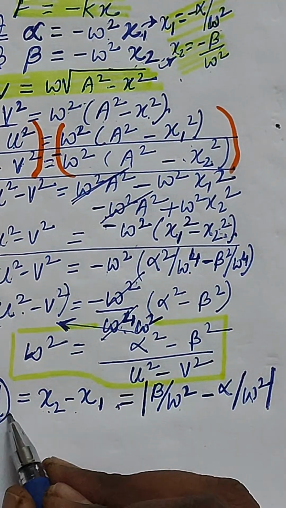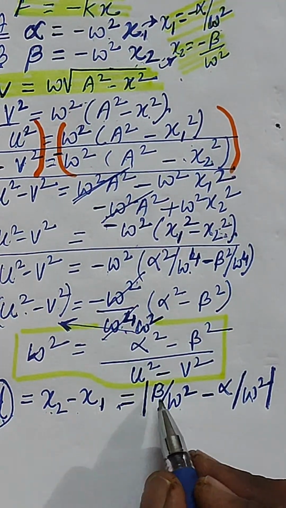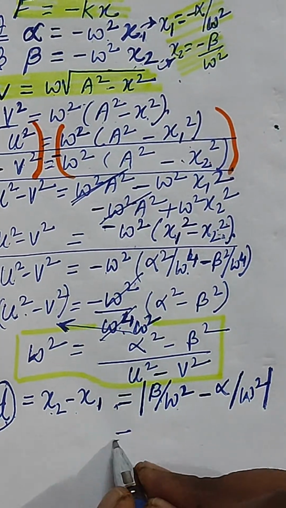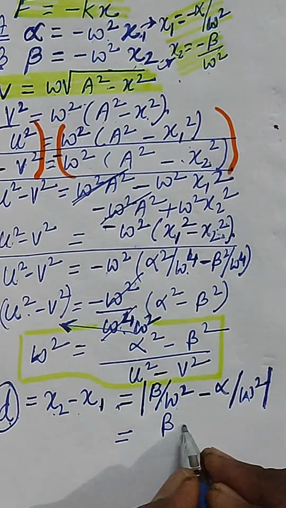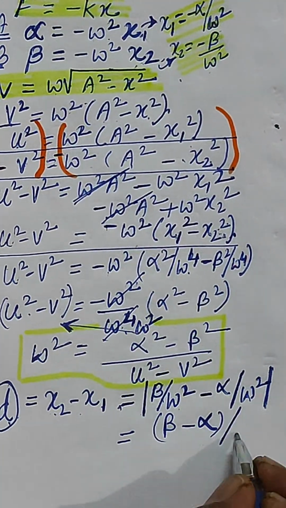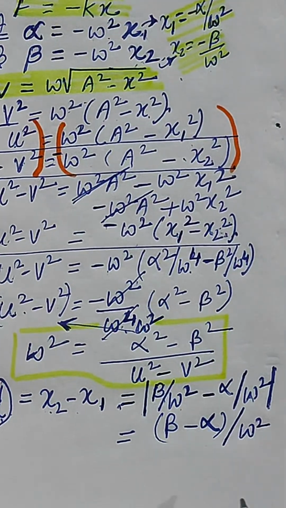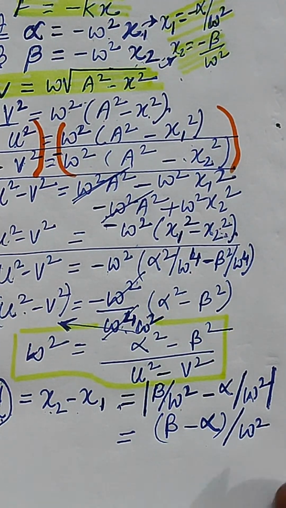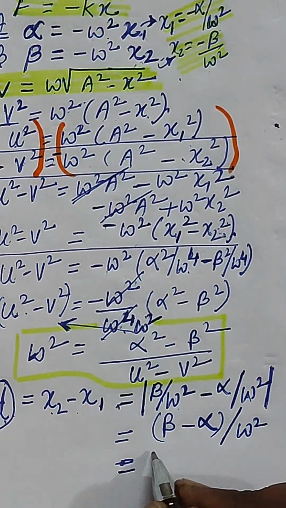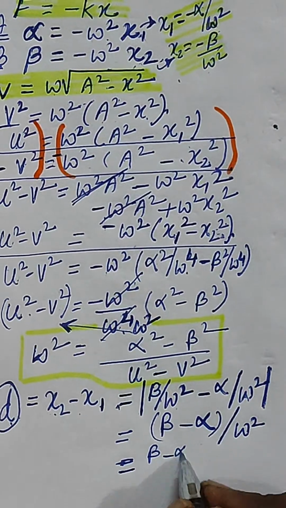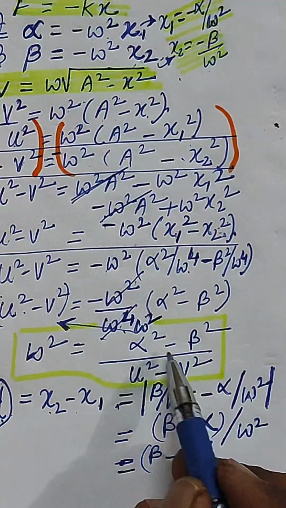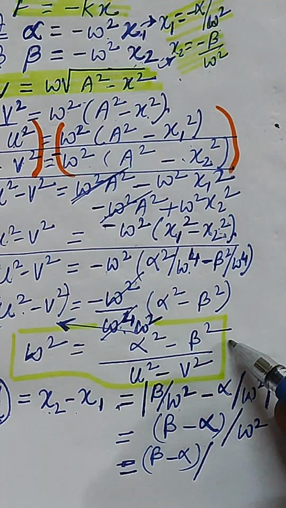So the distance between the two positions is beta by omega square minus alpha by omega square, which can be written as beta minus alpha divided by omega square, isn't it? I'm taking the magnitude only, okay? And beta minus alpha divided by, you can just put the value of omega square over here.